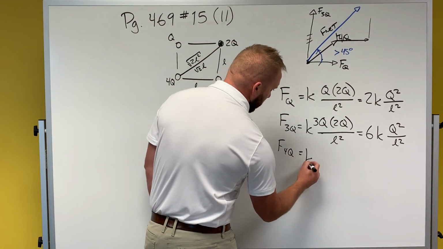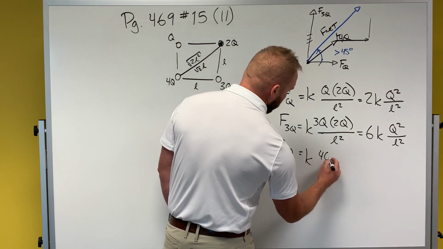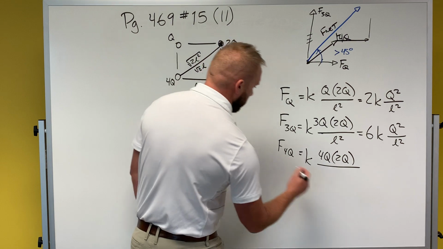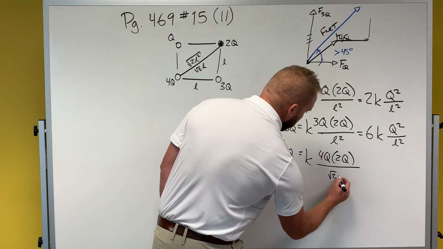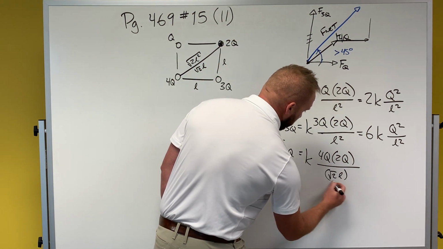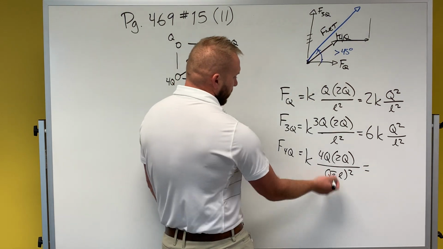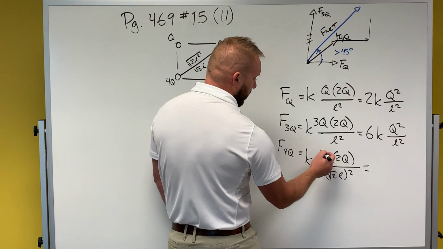This one here, F4Q, is K, 4Q, 2Q over radical 2L, that entire thing squared. So that's going to give me 8 here on the top.